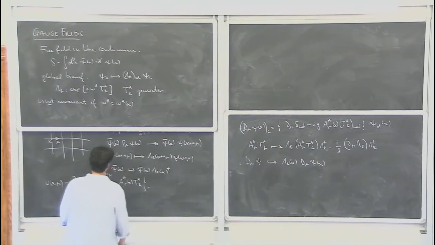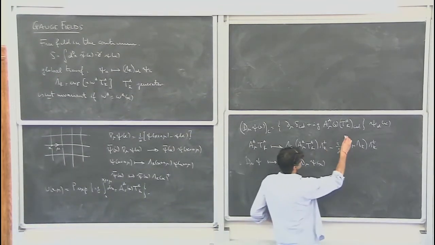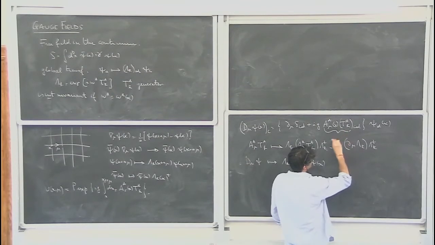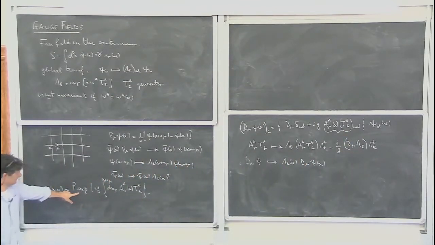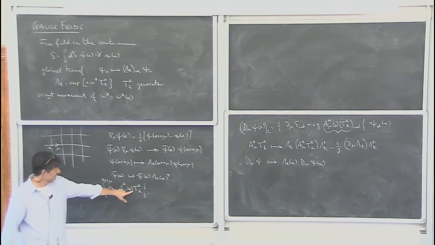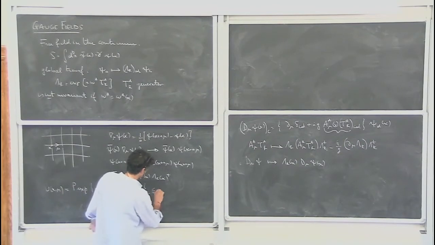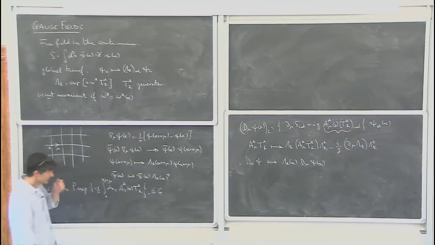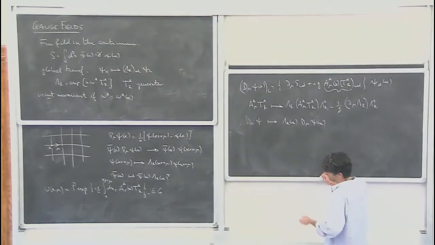Okay? So, these objects here live in the algebra of the gauge group. The path-ordered integral of the exponential of an element of the algebra is actually an element of the group. Okay? So in order to introduce gauge fields on the lattice, we're going to introduce so-called link variables.